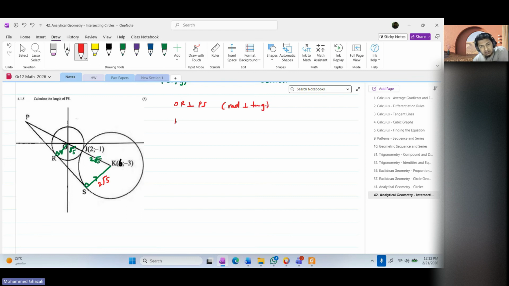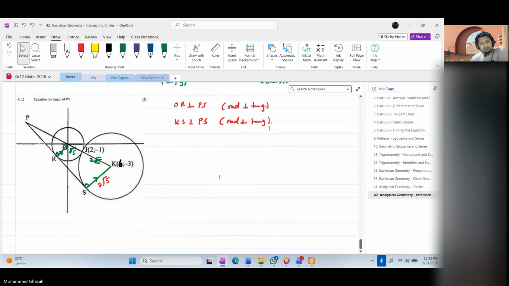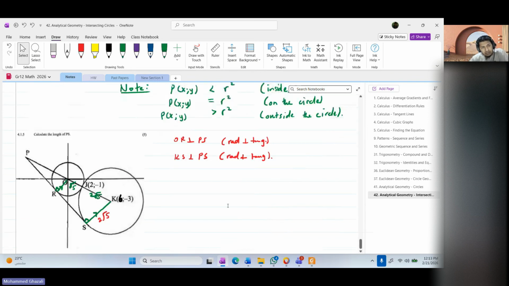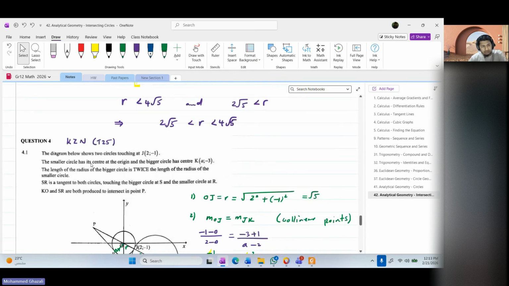Then KS is perpendicular to PS, because also a radius perpendicular to tangent. Okay, now how will this help us? You got a 90, you got a 90, you got parallel lines. You got 2 root 5, you got root 5. Did they say O is a midpoint anyway? We need to read the story.